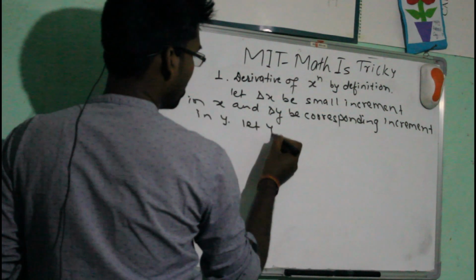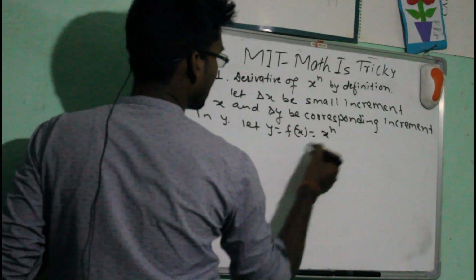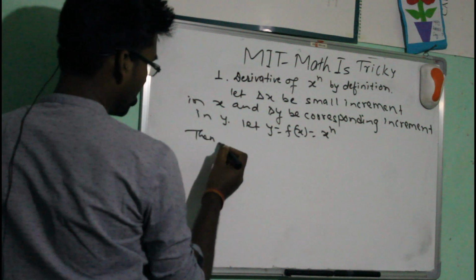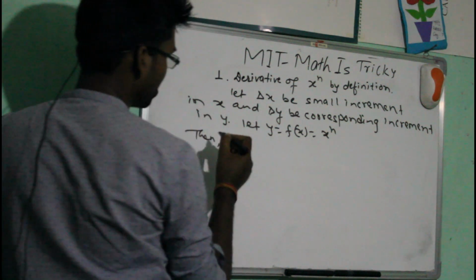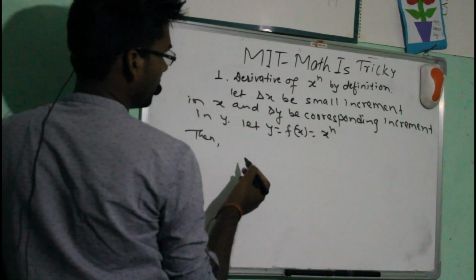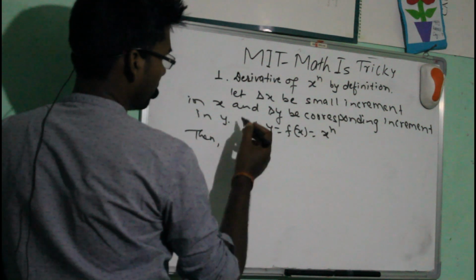Also let y equals f of x, the given function. This language I have already shared in previous examples also. You can see my previous videos and write it from there also.